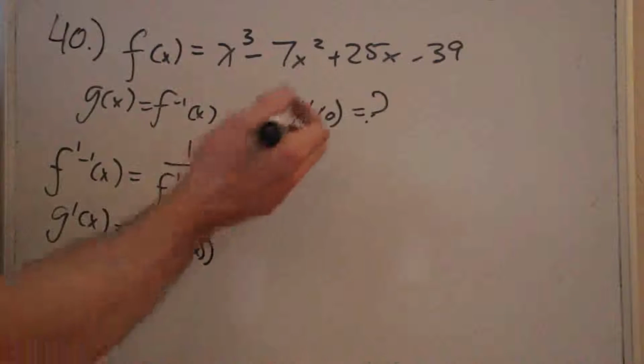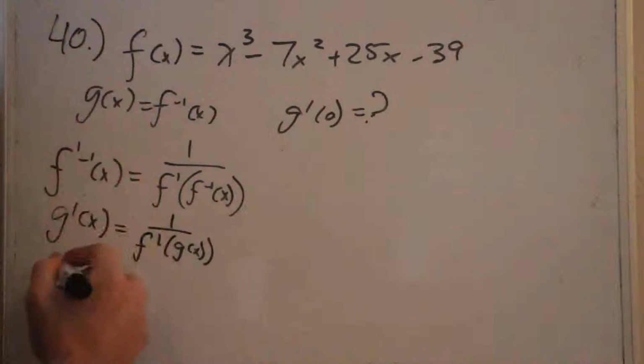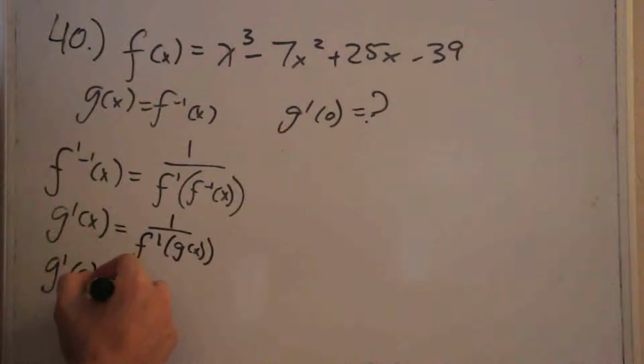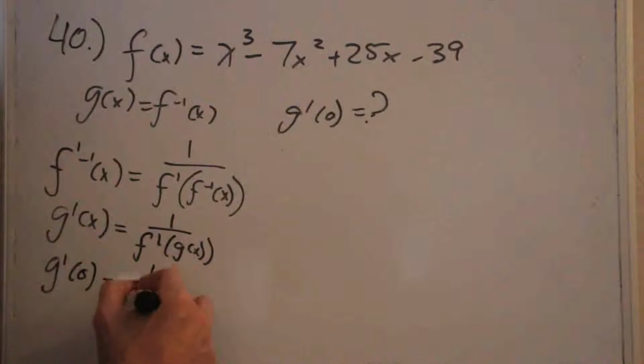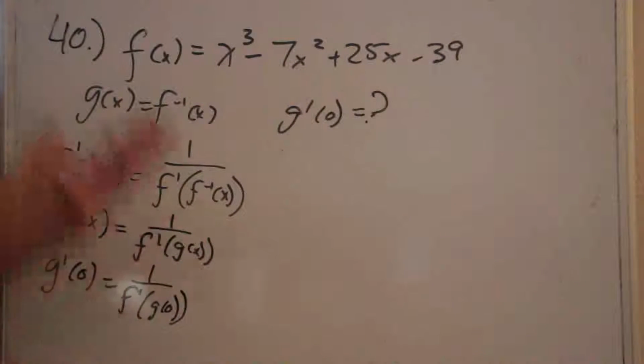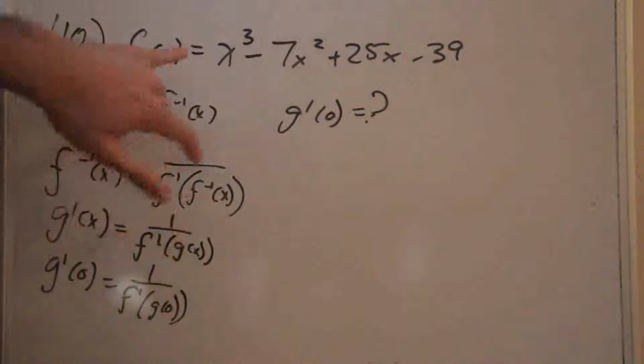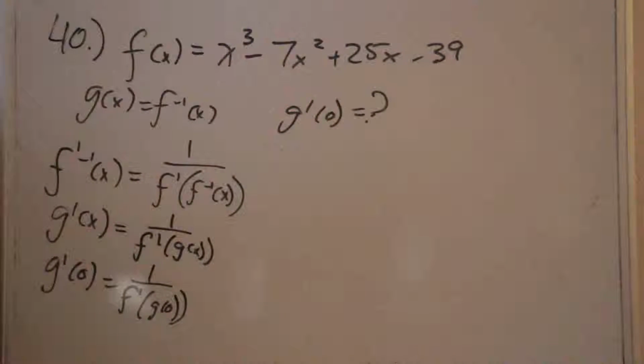All right, so they want to know g prime of 0. Well, g prime of 0 equals 1 over f prime of g of 0. And you say, okay, I just got to find g of 0. Well, in order to find g of 0, we have to understand what an inverse is. An inverse means I'm swapping my x with my y.